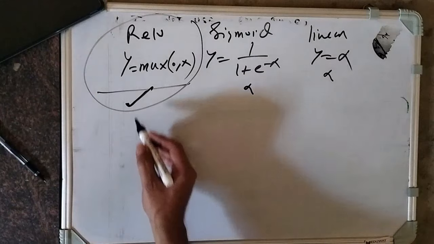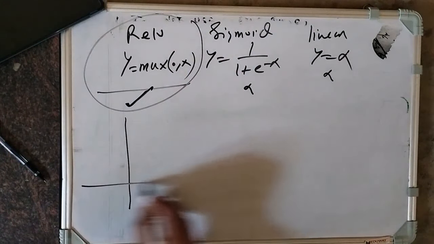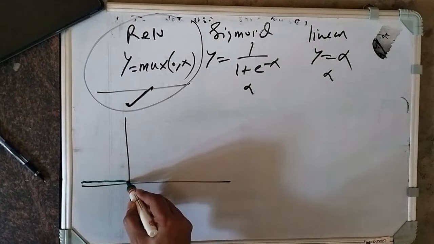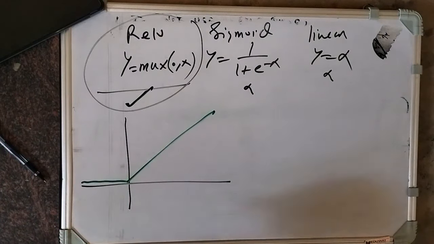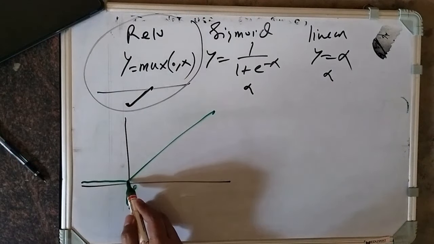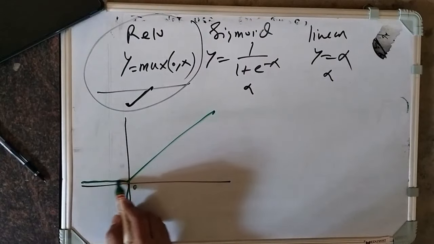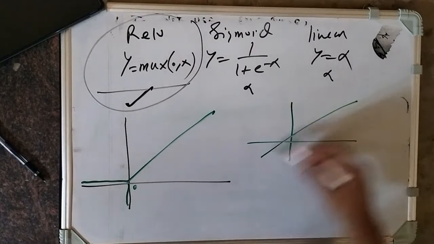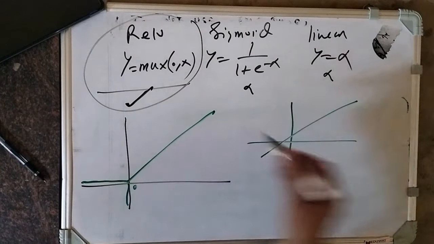This is the graph of ReLU. ReLU is non-linear. This is because at 0 it is changing direction. You can see a straight line never bends, but this is bending. Bending means non-linear.